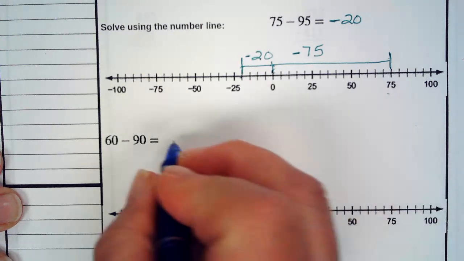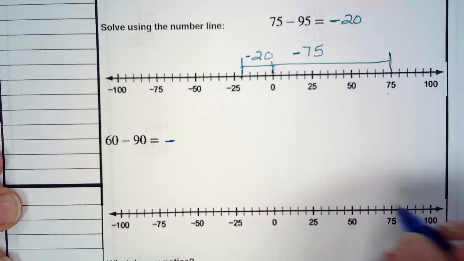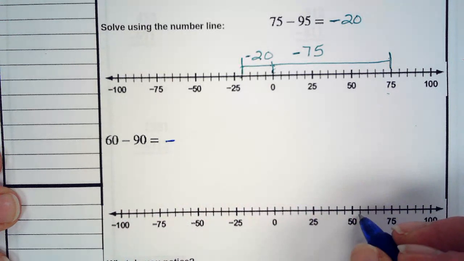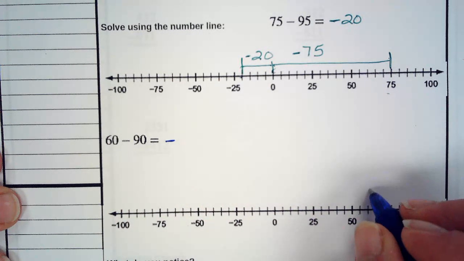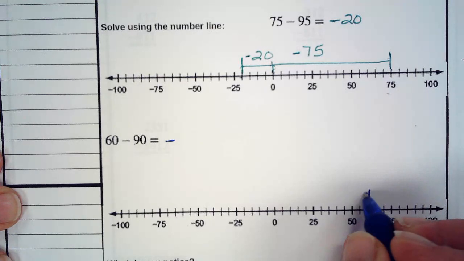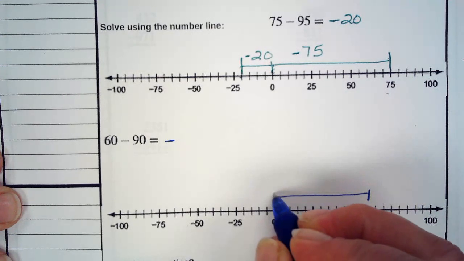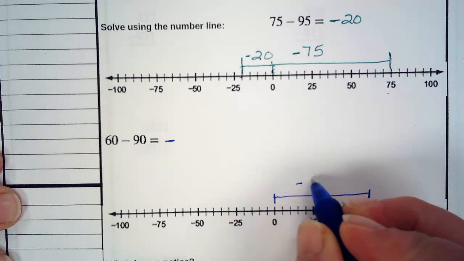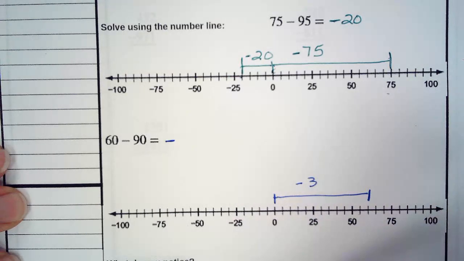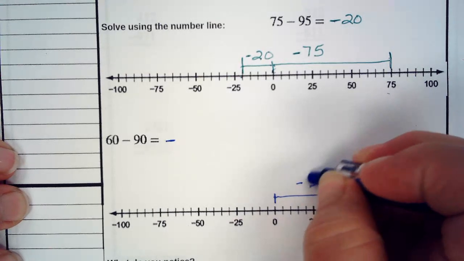Yes. So we know that this will be a negative number. I'm starting at 60. Here's 50, 55, 60. When I go down to 0, I've gone down 60 units.